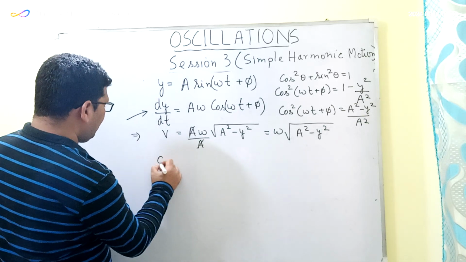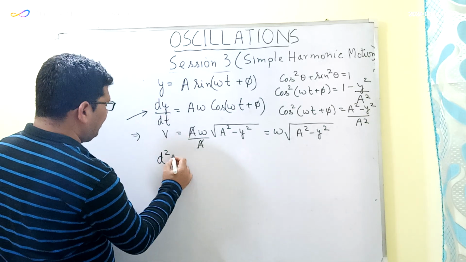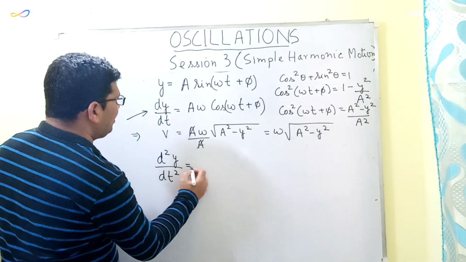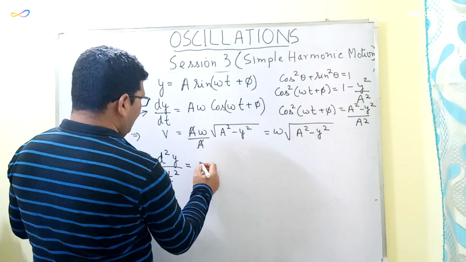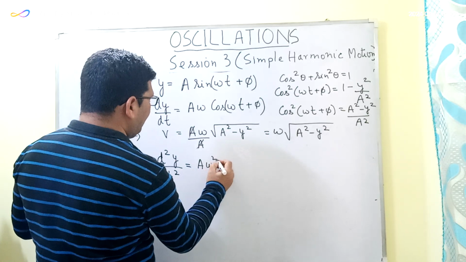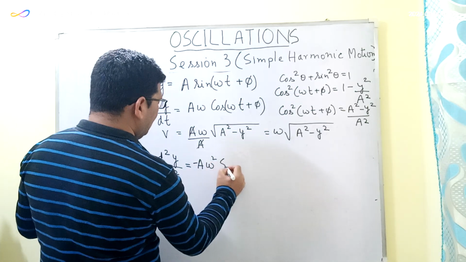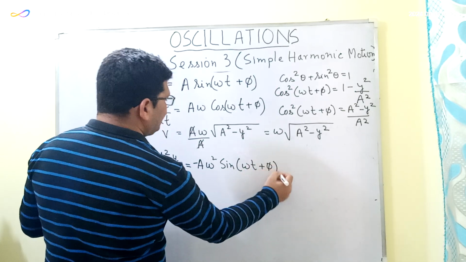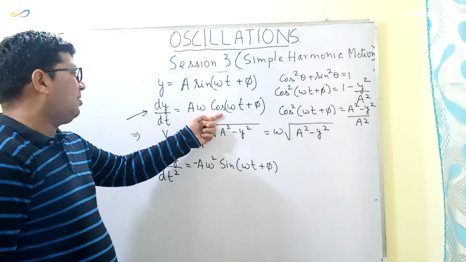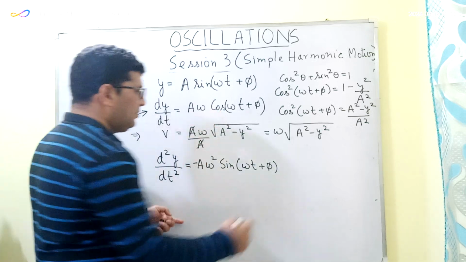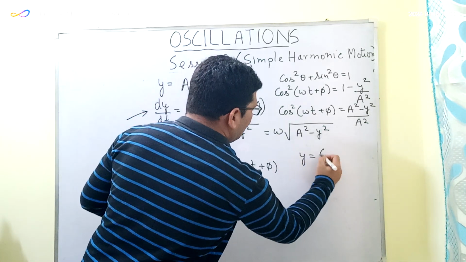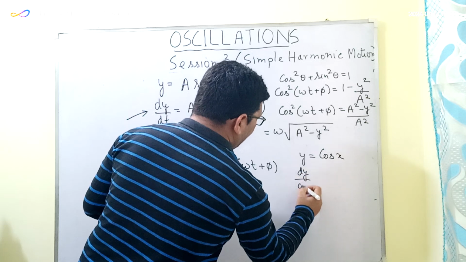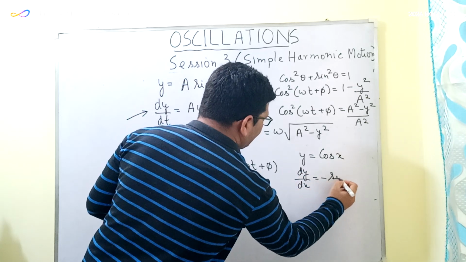If I differentiate this equation again with respect to t, then d square y upon dt square will be equal to a omega square minus sine(omega t plus phi), because if y is equal to cos x, then dy upon dx is equal to minus sin x.